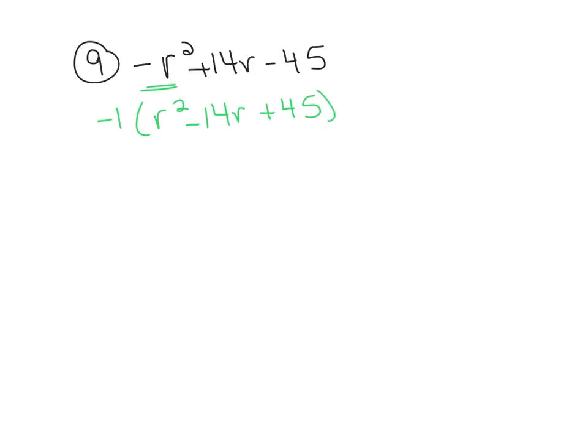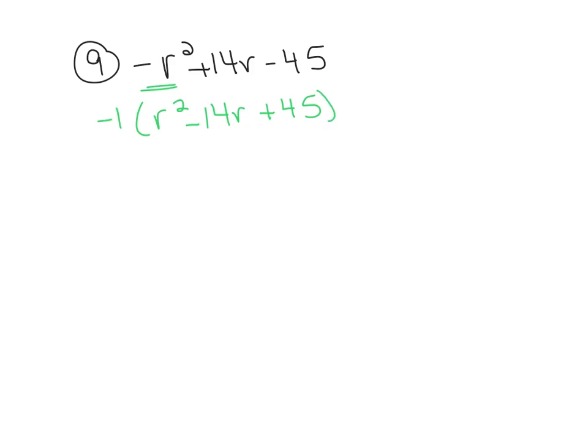Just got a couple more. What if I give you this one? Negative r squared plus 14r minus 45. Every single one we've done so far, the first 8, you should have noticed this first term was what? Positive. So, step 1 for this, take out the negative 1: r squared minus 14r plus 45.